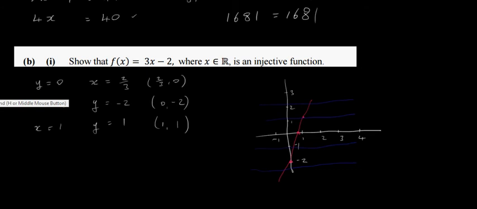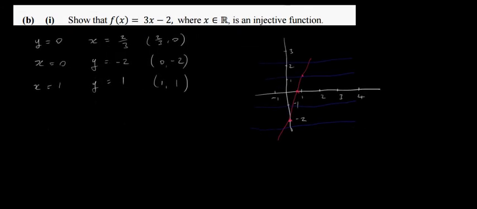Now also what we could do here is, let's say, take any two elements of R. Let's say take a and b. So any two elements of R. I'll do this in white here. So we're going to take a and b as our x values and stick them into the function.